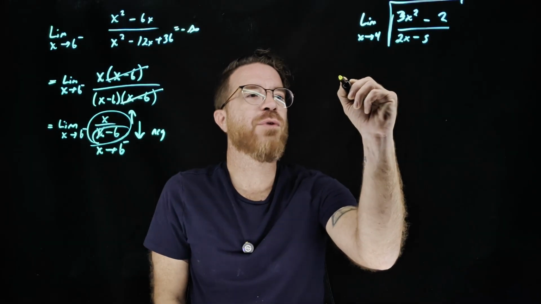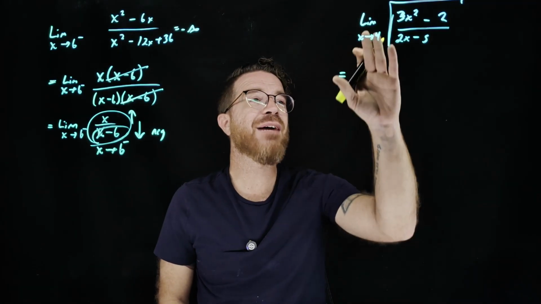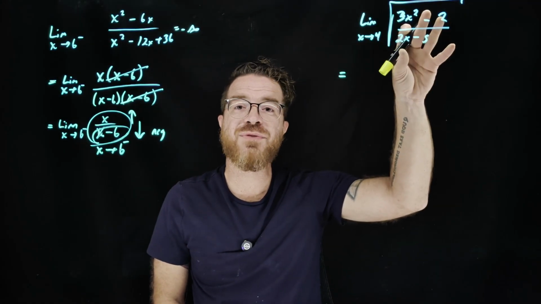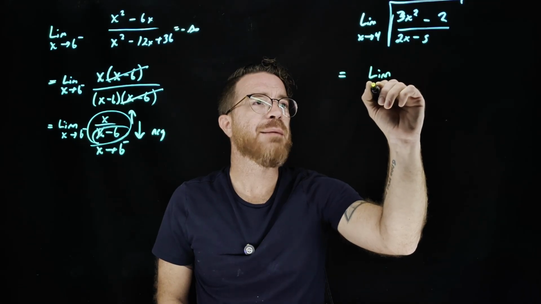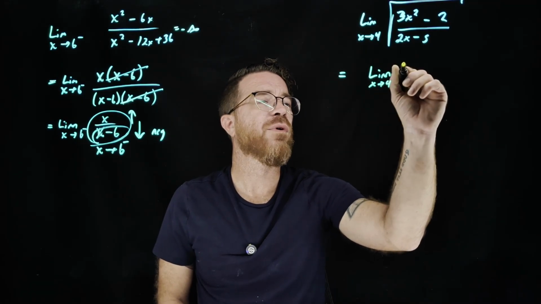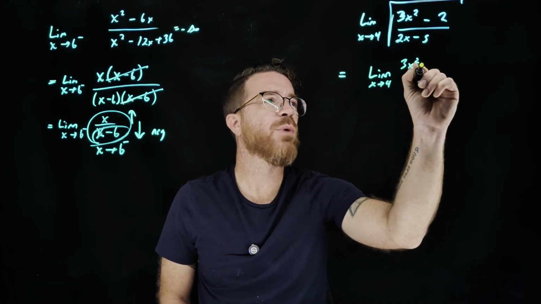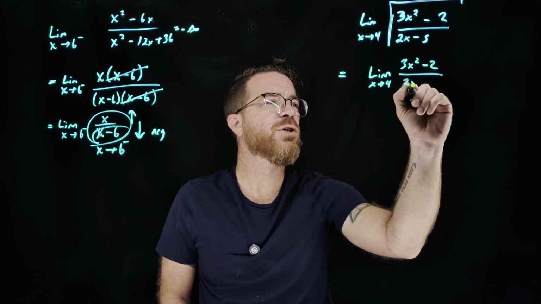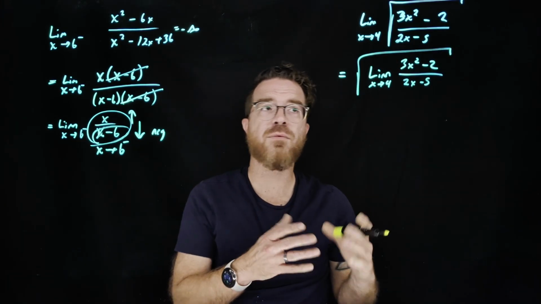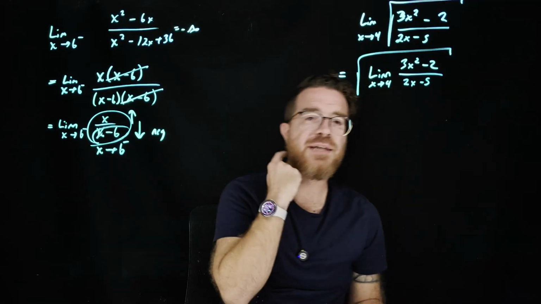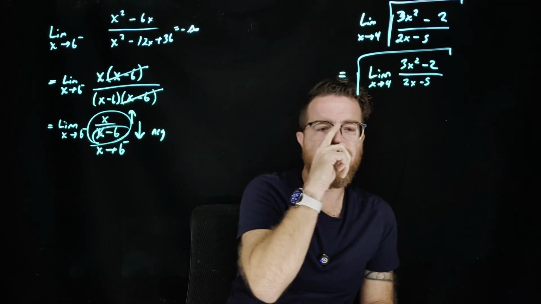In this case, we're going to use our first limit law, which is the fact that if I have the limit of the square root of something, this is the same thing as taking the limit of whatever's inside, so 3x squared minus 2 over 2x minus 5, and then taking the square root of the entire thing. I can take that limit and move it inside. Now let's focus inside the square root.